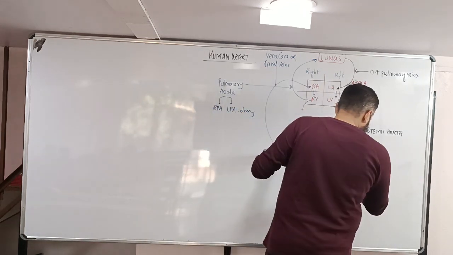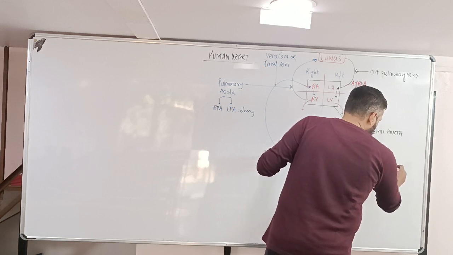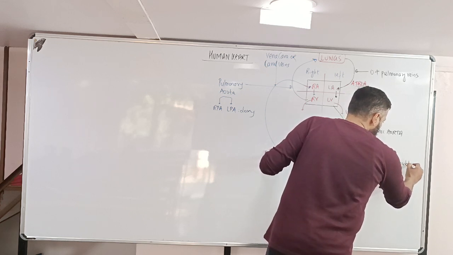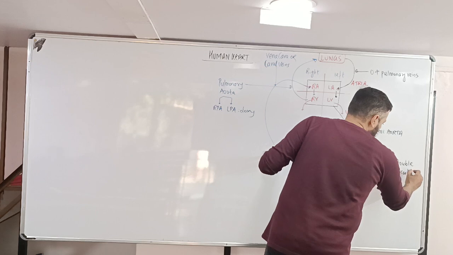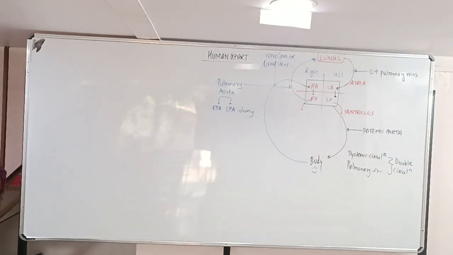This is called which circulation? Pulmonary circulation. And together it is called which type of circulation? Double circulation. So systemic circulation and pulmonary circulation together is called double circulation.